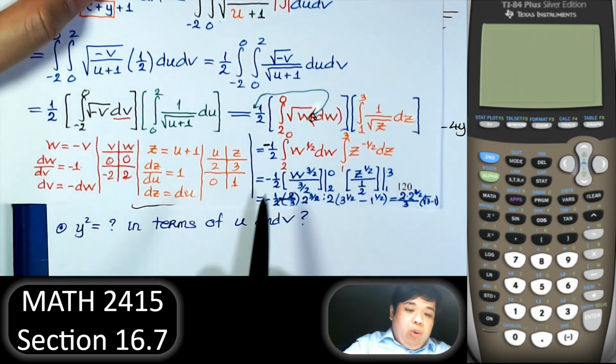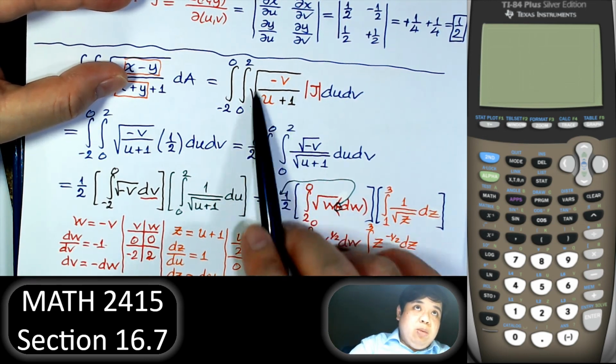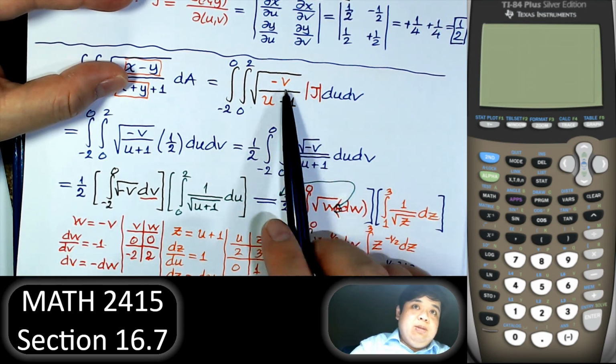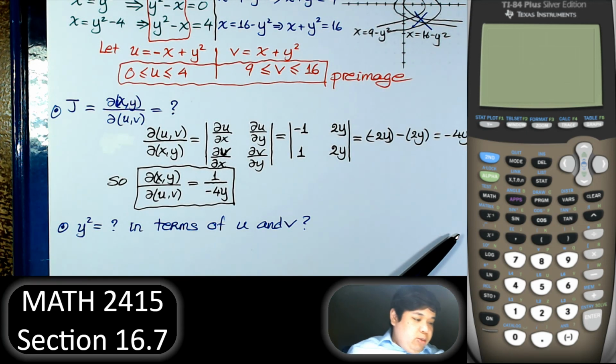So for the change of variables, we need the limits for u and v. We need to know the function in terms of u and v, and we need the Jacobian. So those are the three things that we need in the change of variables.